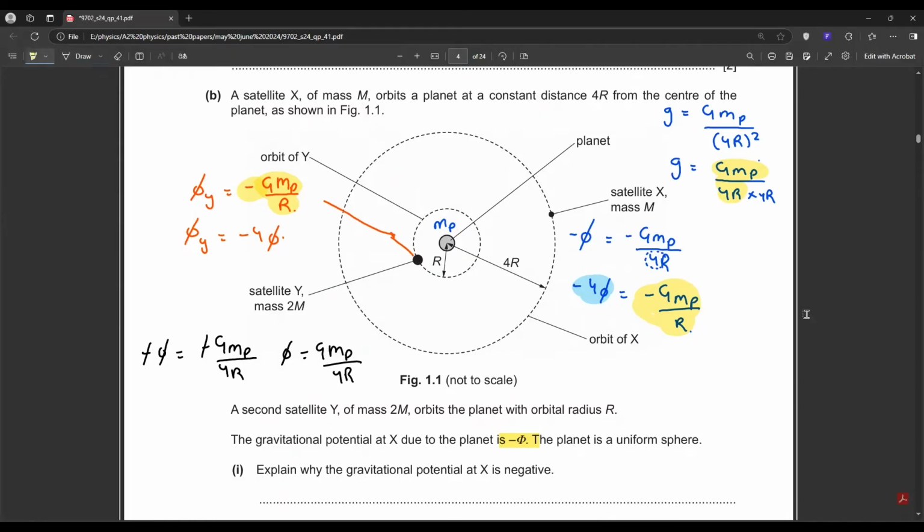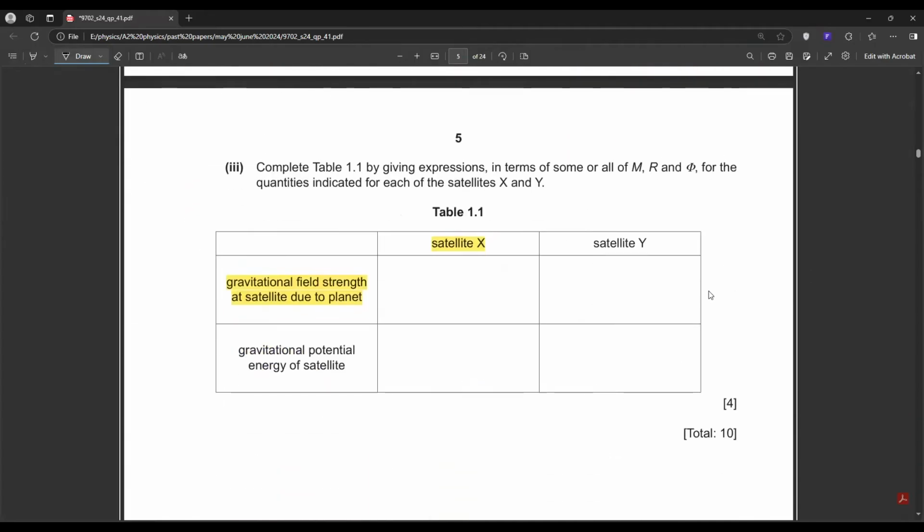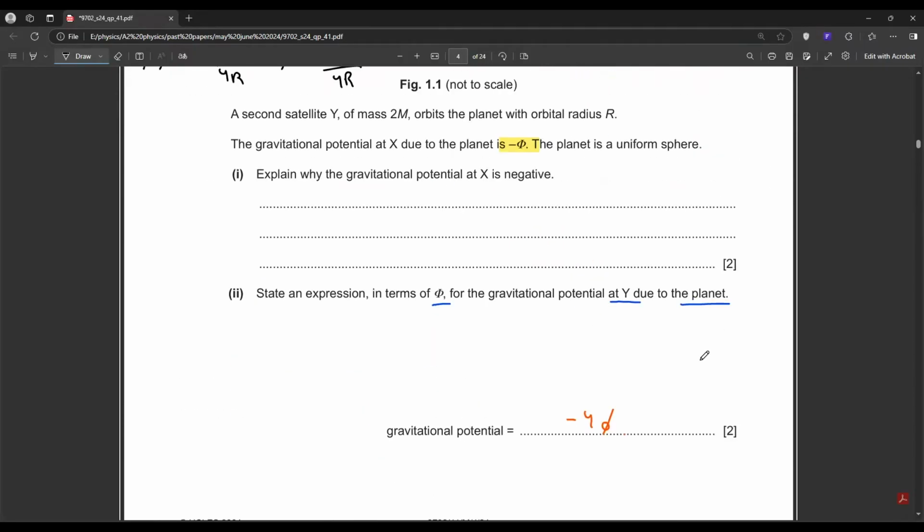So you can substitute this with phi. Gravitational field strength at x is equal to phi over 4r. Let's write it down. Gravitational field strength at point x is equal to phi over 4r.